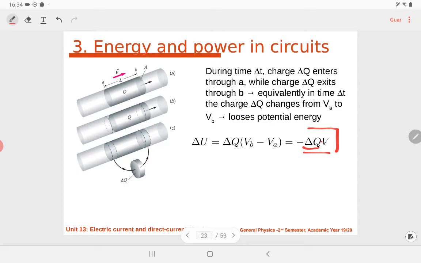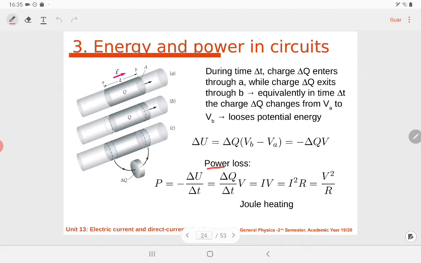Okay, so during time delta T, there's been a loss of energy, and we can measure this better with the power. If you remember from the first semester, the power is the amount of energy per unit time. So if we think of the power loss, we define it directly as something positive, the loss of energy, so it's going to be minus the change of energy divided by the change of time.